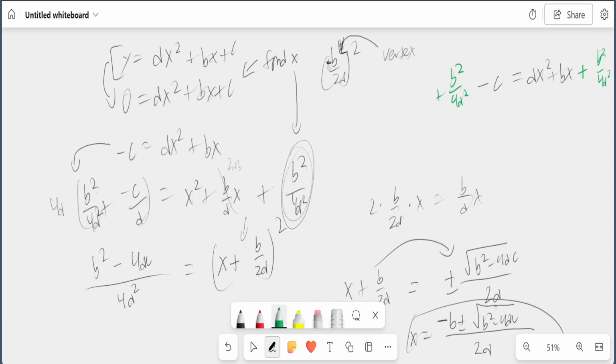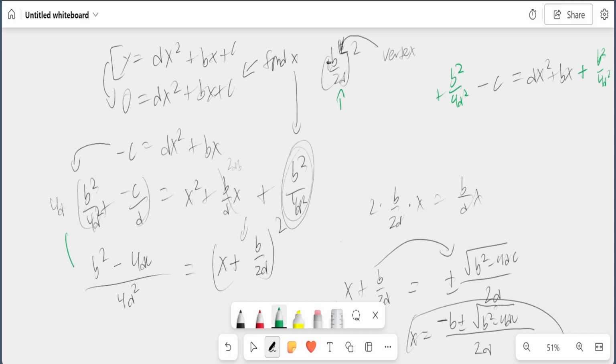Honestly, I don't know. I know it's the vertex squared, right? Minus b over 2a squared is equal to this. But as for why we add the vertex squared, honestly, I don't know. I guess someone must have had some insane forethought to think that it would keep going after that. But yeah, so that's what I did.